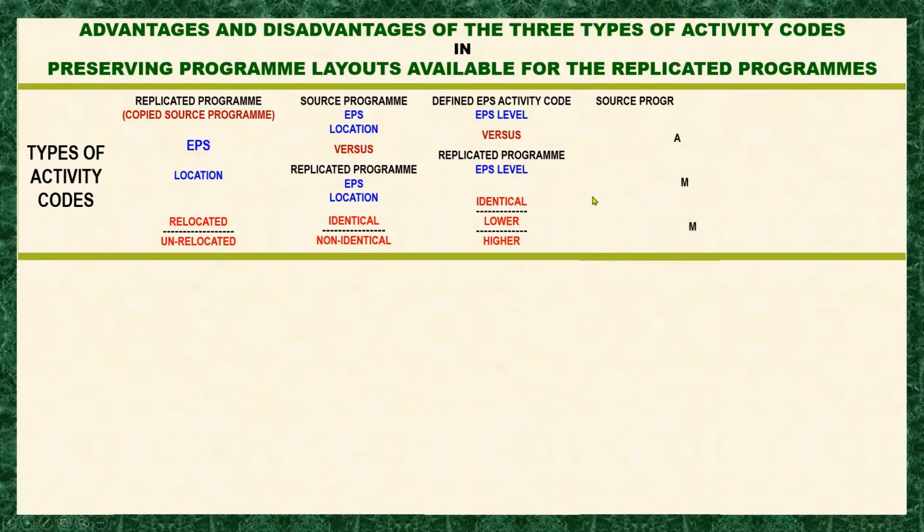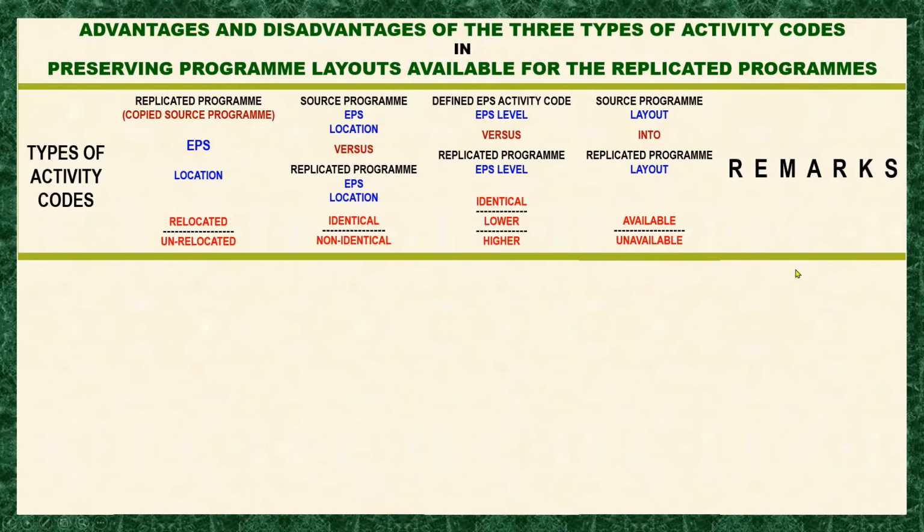Okay. So next is the source program layout. Here we are talking about the layout from the source program compared to the layout of the replicated program, whether the replicated program carried the layout as defined for the three types of activity codes. When it carries the layout, that means it is available, and if it's not, then it is unavailable.